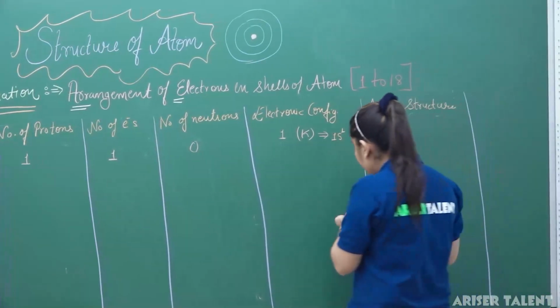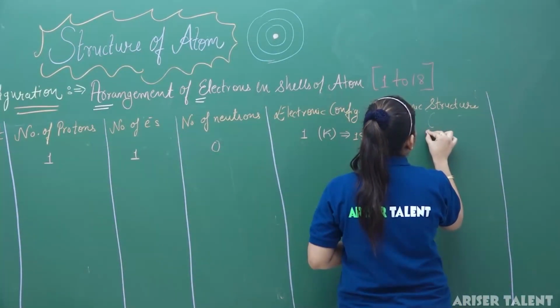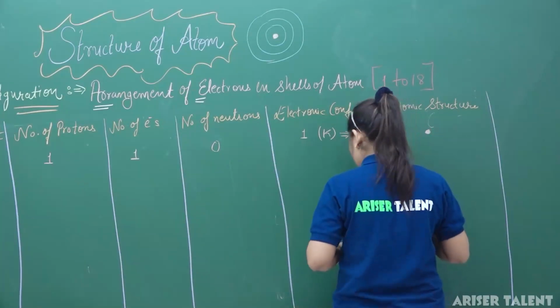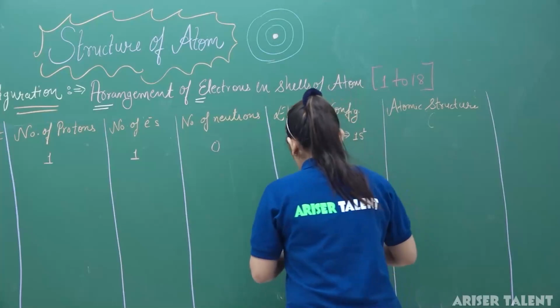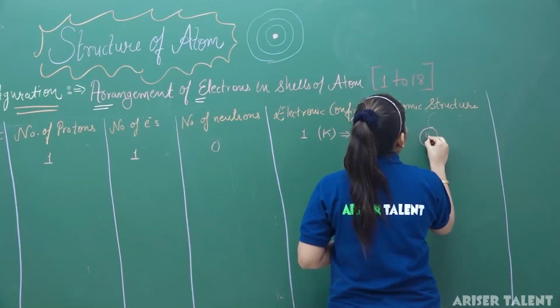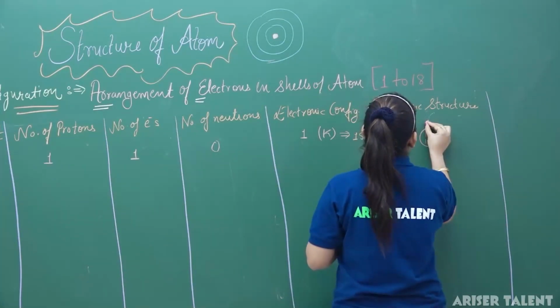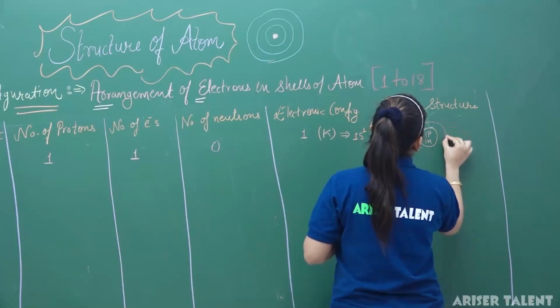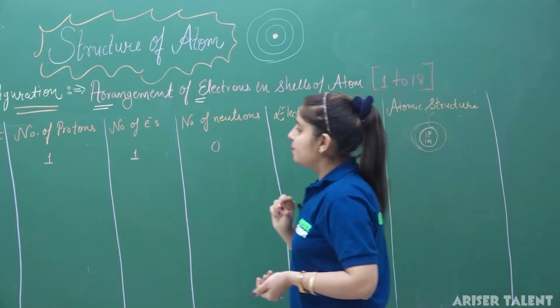And its atomic structure can be drawn as, firstly we have the nucleus in the center, and in the nucleus we can write that it constitutes only one proton and one neutron. So for hydrogen it can be drawn like this.